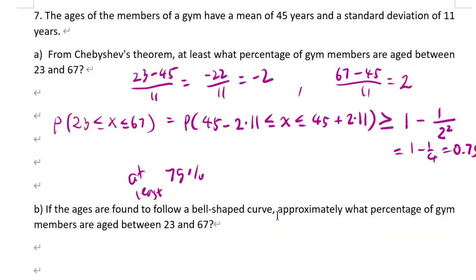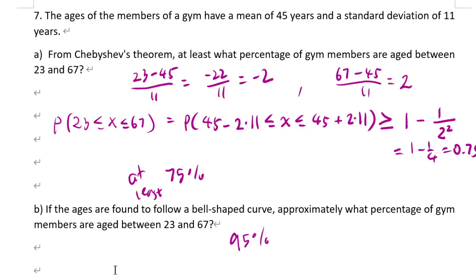However, if you know the shape of the curve and you actually know that it's a bell-shaped curve, then you can say much more. You can say that approximately 95% of the population is within 2 standard deviations from the mean, and that's also called the 68, 95, 99.7 rule.